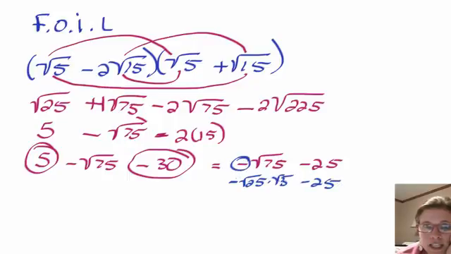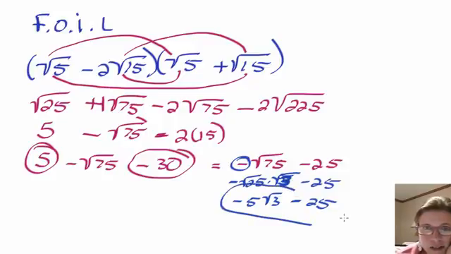Remember, this negative just stays. Okay. Oh, this is a 3. That's a 3. So negative 5 square roots of 3 minus 25. Okay, and then you're done because you can't combine anything else. Okay, I know that's a lot. Okay, but that's how you do it. First, outside, inside, last.